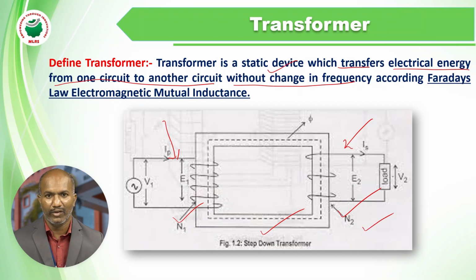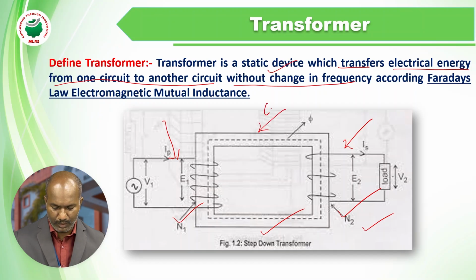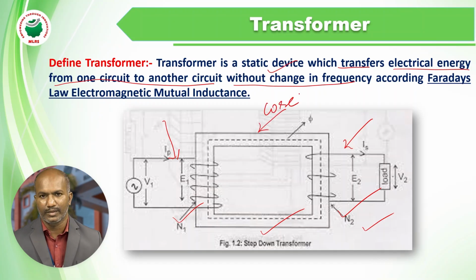These two windings are placed on top of the core. This is the core of the transformer, made of silicon steel. These two circuits are isolated, but there is magnetic coupling between them.